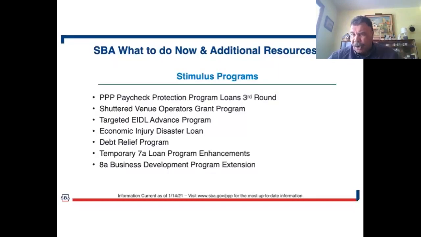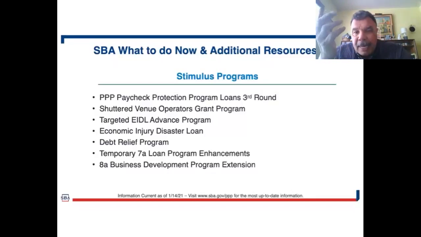I'd have to look that up, but again, if you go to our webpage, you'll see it there too. I'm not telling many of you anything that much new. I think that would be about it for right now with the Shuttered Venue Operators Grant Program.